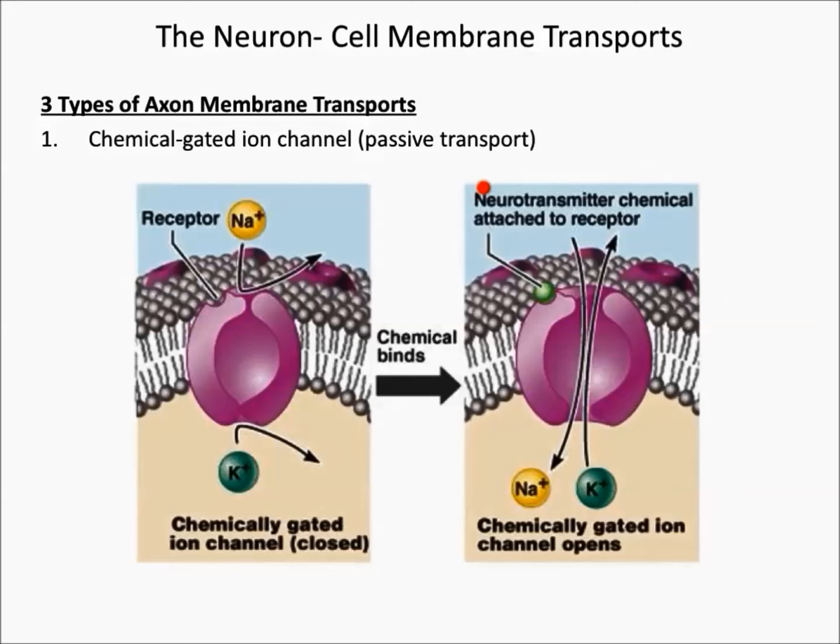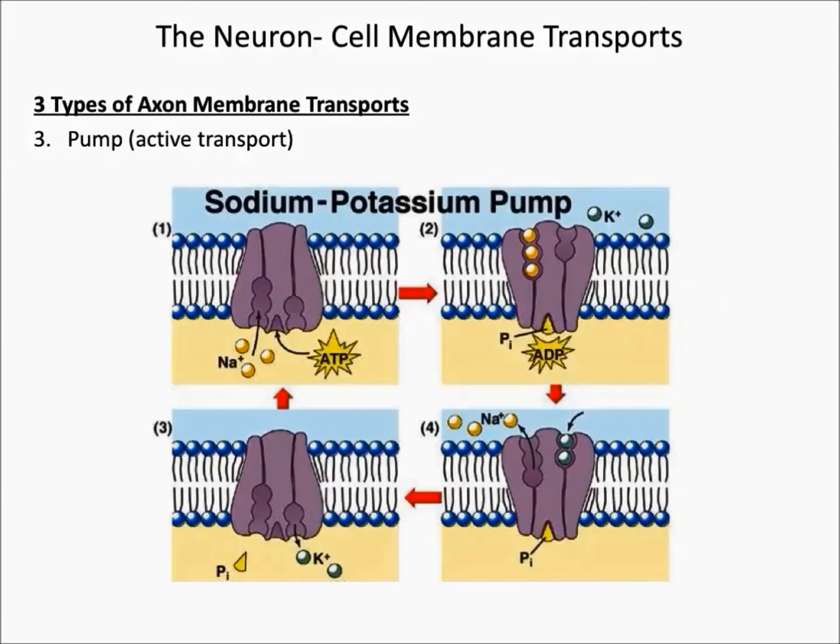So when a neurotransmitter binds to a receptor, the channel opens, allowing substances to diffuse across the membrane. And finally, the pump, which requires energy, will transport substances across their concentration gradients to their resting locations.